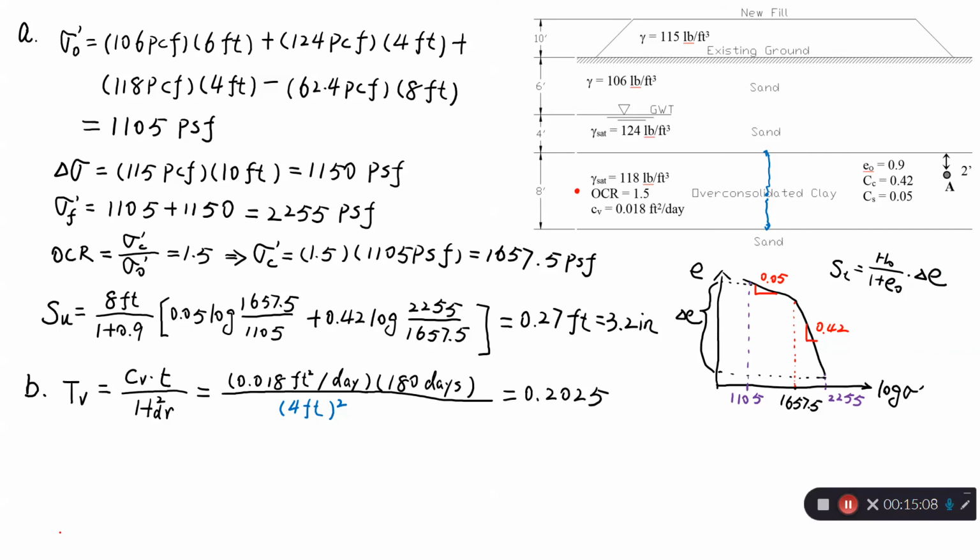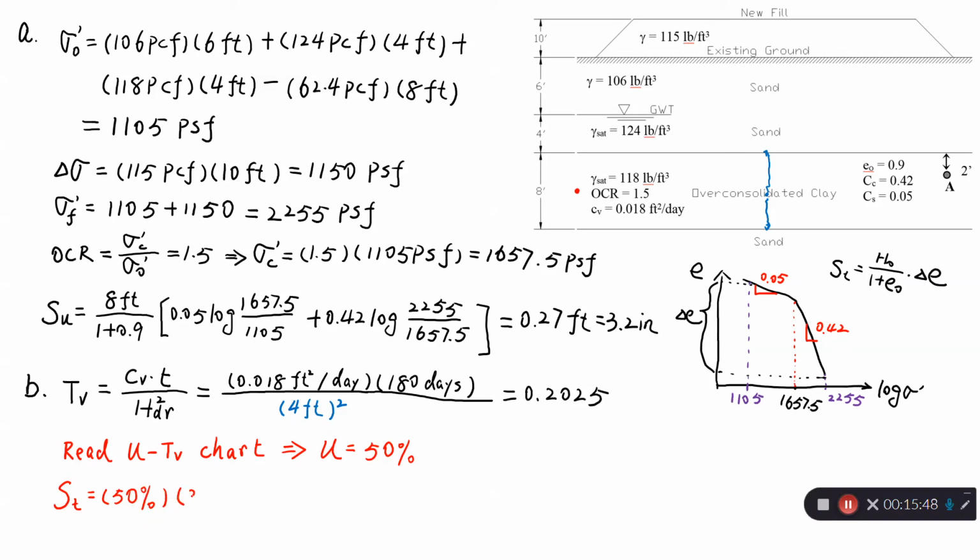Read from the U-T_V chart, then enter T_V. U is 50%. So that means my settlement at the 6 months would be 50% of the total, of the ultimate.